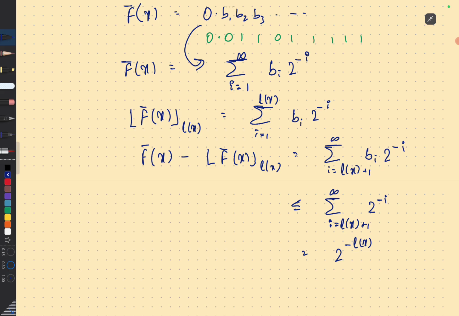So this is the CDF. Now for each x, the f bar of x is going to lie at the midpoint, right? So this particular height is p of x. This is p of 0. The height of this is equal to p of 1. The height of this is equal to p of 2, and so on. So f bar of x is essentially going to be the midpoint of these. So these will correspond to f bar of x.